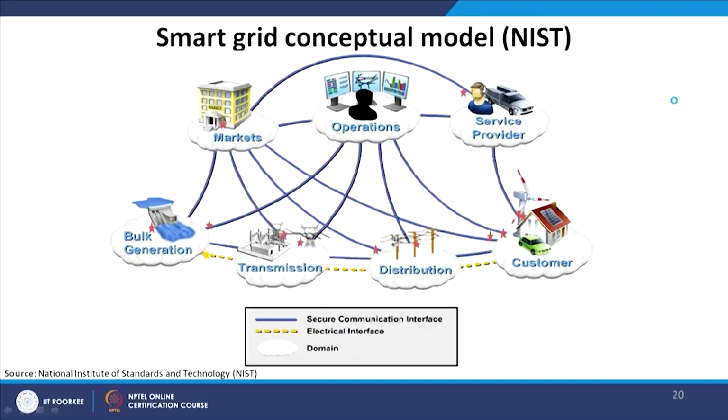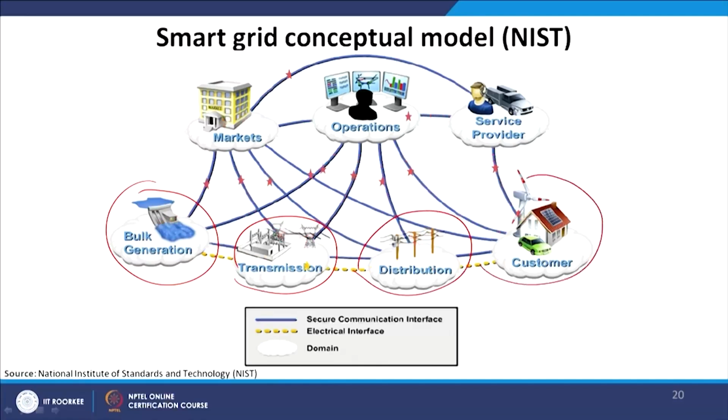Now, the NIST, National Institute of Standards and Technology, provides a pictorial view of how the smart grid conceptually works. We can see there is bulk generation, and we have transmission, then distribution and customers.